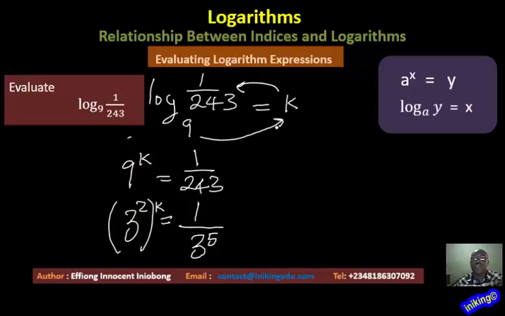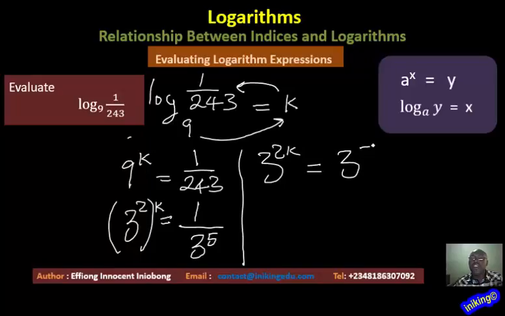So from here, now this is 3 raised to power 2k is equal to 3 raised to power minus 5. You will agree that 1 over 3 raised to power 5 can be expressed as 3 raised to power minus 5. And straight away from here, we can say that our 2k is equal to minus 5.